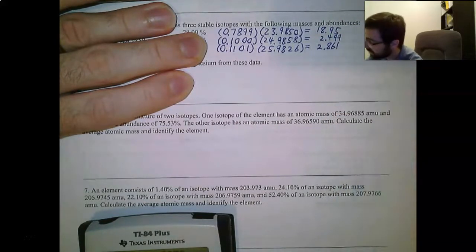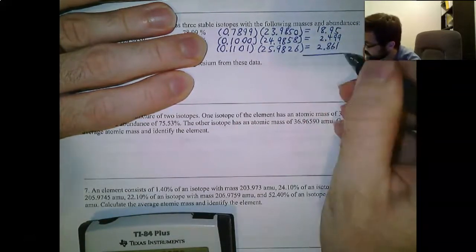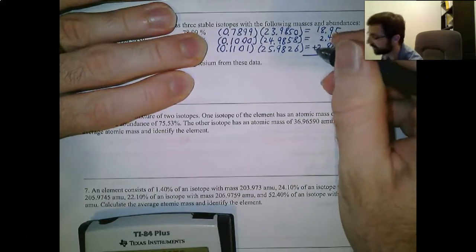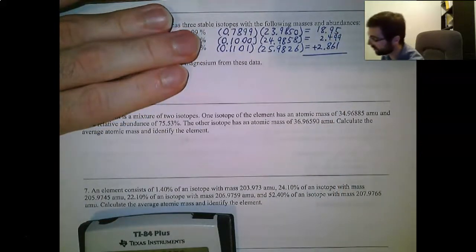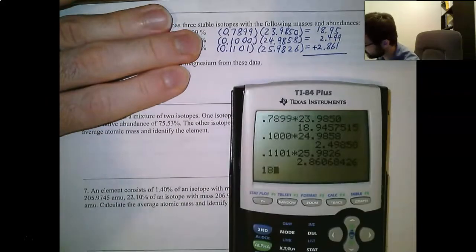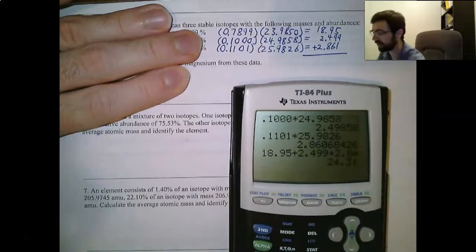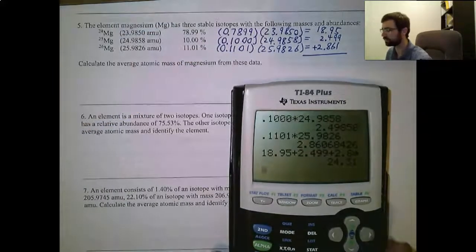Okay, and then, like I said, we can take that and just add those numbers together. So we do 18.95 plus 2.499 plus 2.861. And I get 24.31.